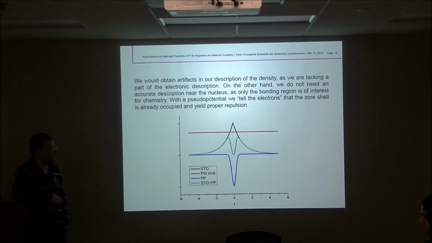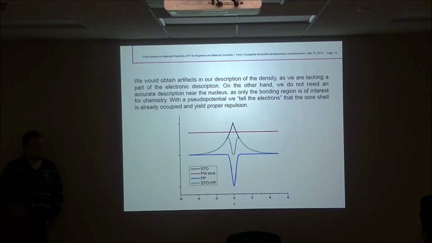Everything that's above is just considered a potential. Actually, these electrons are just visible by their mean field, electric mean field to all the other electrons. So the pseudopotential is just yielding some kind of mean field, but in a nice mathematical way, by just putting the electronic density to 0 or reducing it.